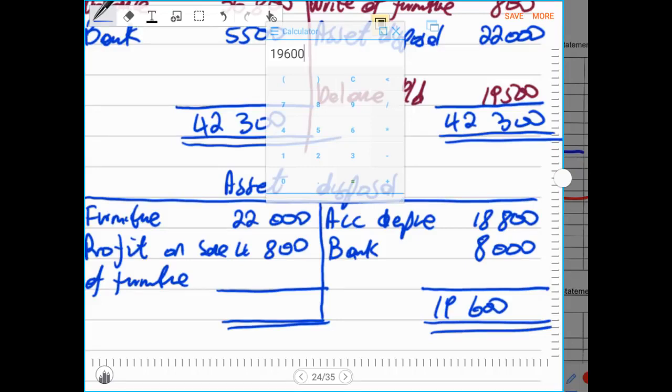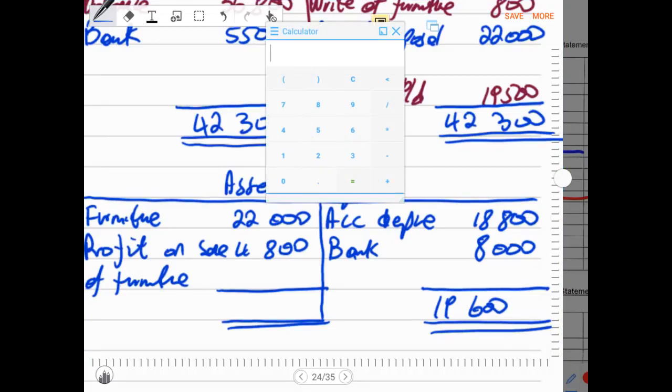Let us check, something does not balance. We must have done something wrong. We have accumulated depreciation on the credit side, which is 18,800. Then we have 8,000. Okay, I typed it incorrectly. 18,800 plus 8,000 will be 26,800.